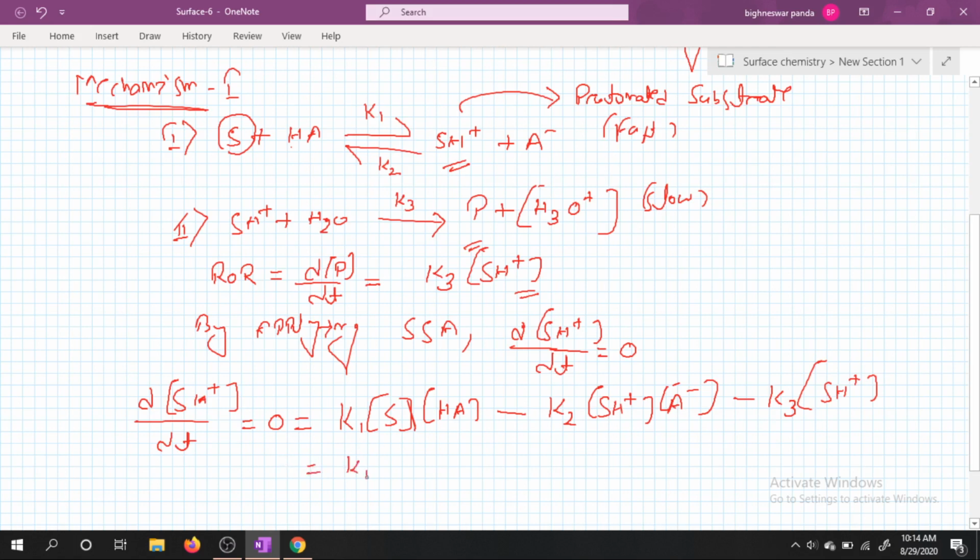So here 0 equals K1 S HA minus SH plus times (K2 A minus plus K3), taking SH plus common.